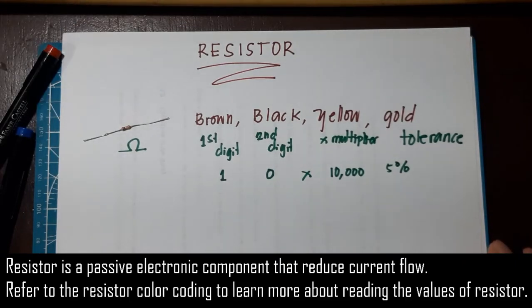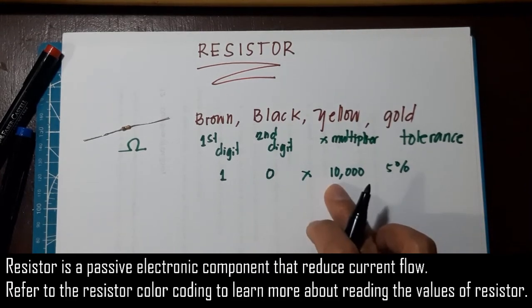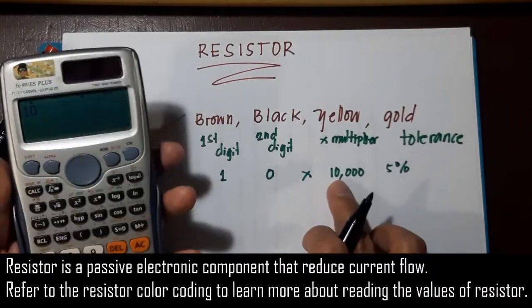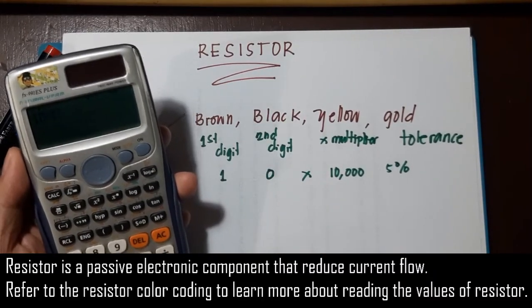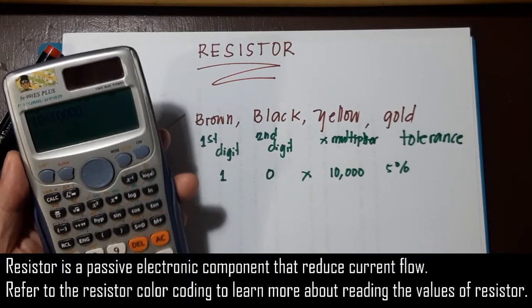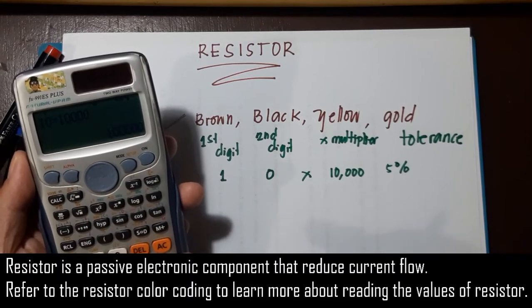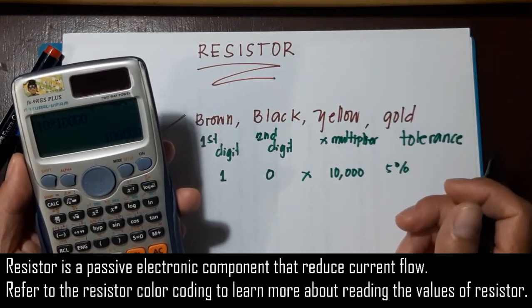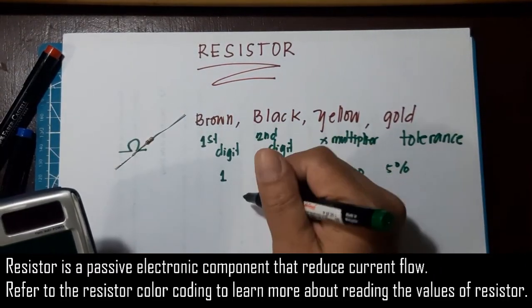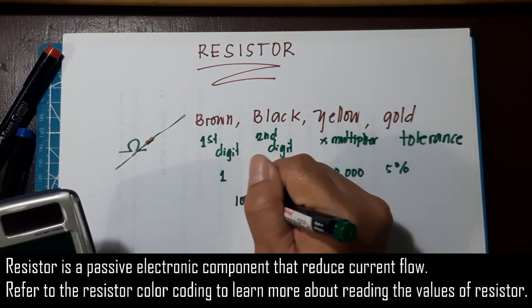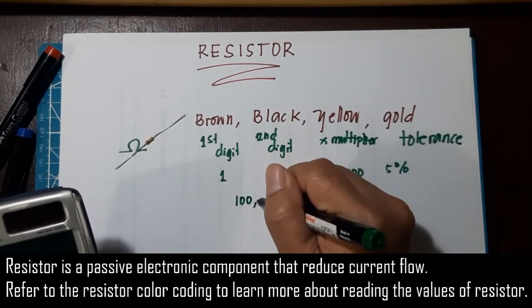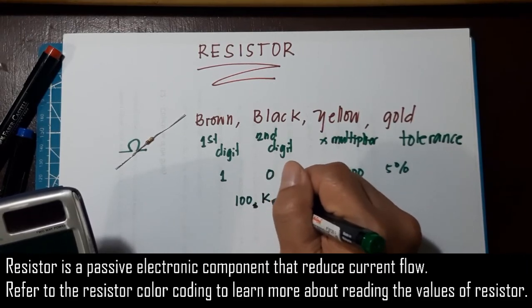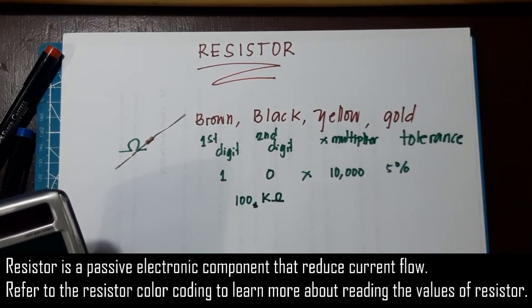Now we can use our calculator to compute this one. That's 10 times 10,000, so we have 100 kilo ohms.